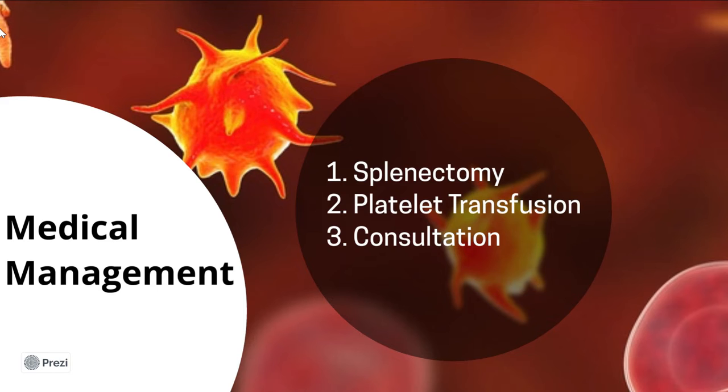Some people who have ITP with serious bleeding may need to have a platelet transfusion. And lastly, consultations. Consult a hematologist for assistance in confirming the diagnosis, or in the patient with known ITP, arranging disposition and follow-up care if appropriate.